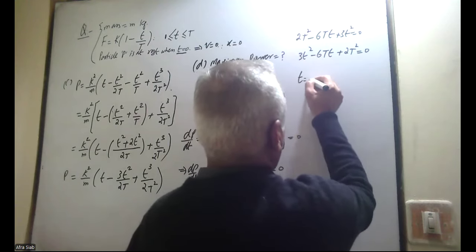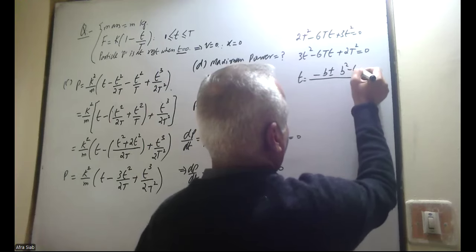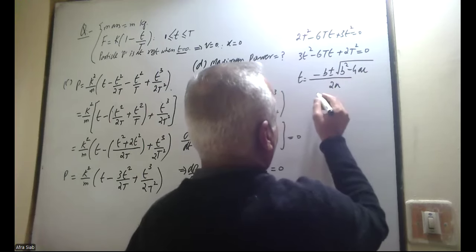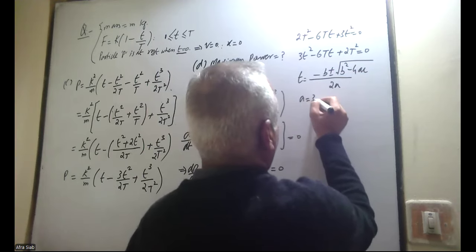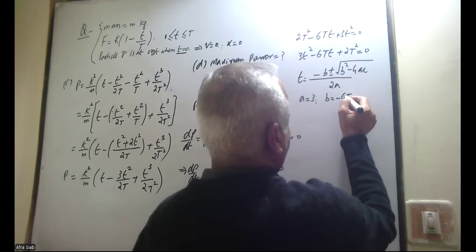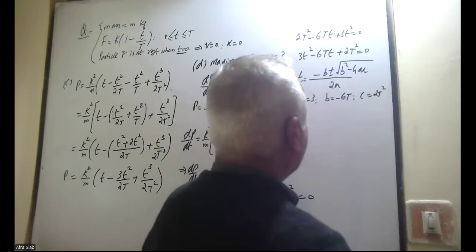So t is equal to minus b plus minus square root of b square minus 4ac over 2a, where a is equal to 3, b is equal to minus 6T, and c is equal to 2T square.